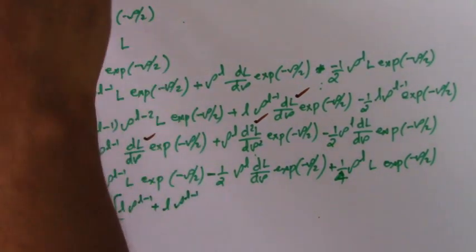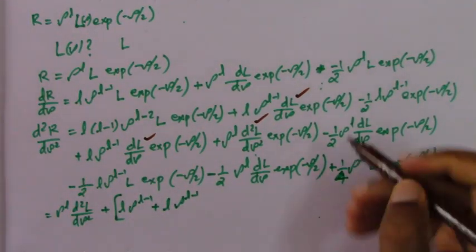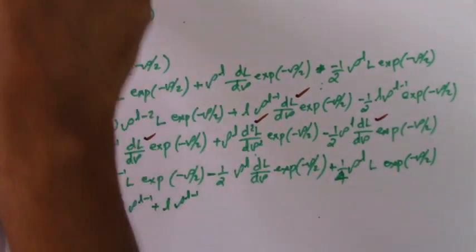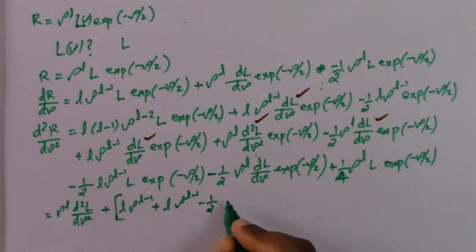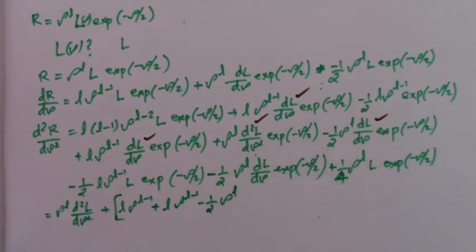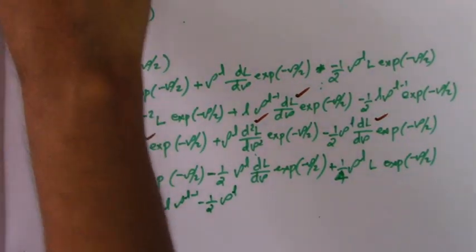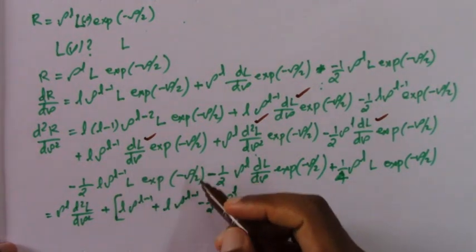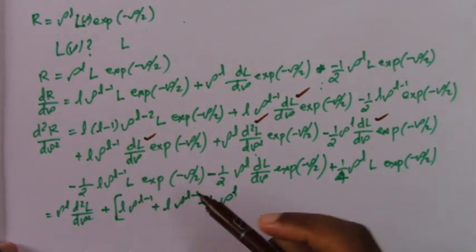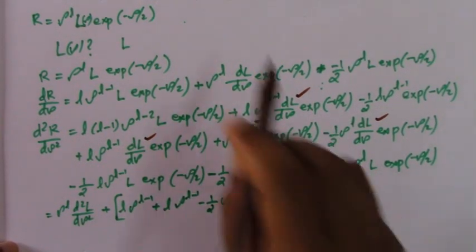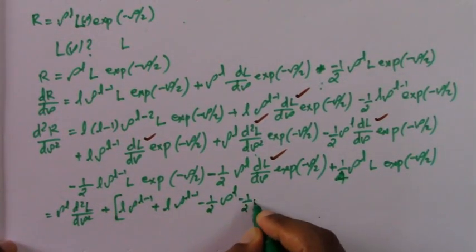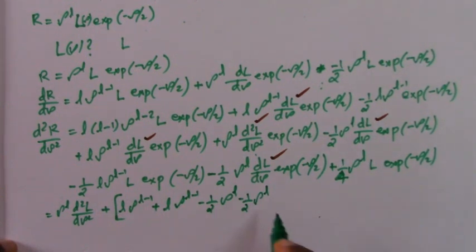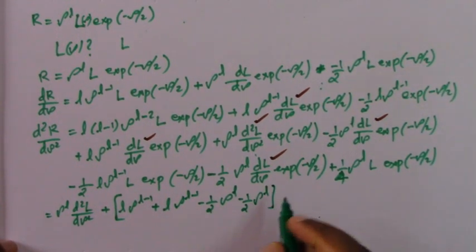And the next dL by d rho term is this one, so there will be minus 1 by 2 rho raised to L from there, and the next one is here, that is minus 1 by 2 rho raised to L. So that's all. These are the dL by d rho terms.